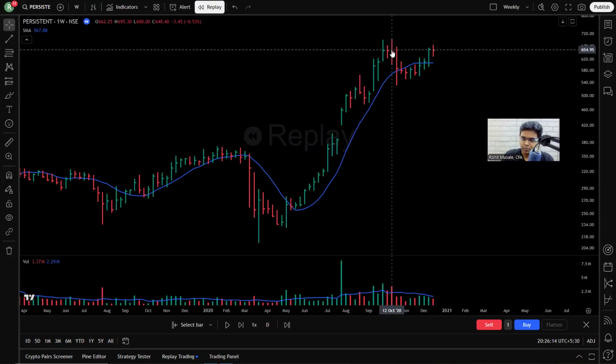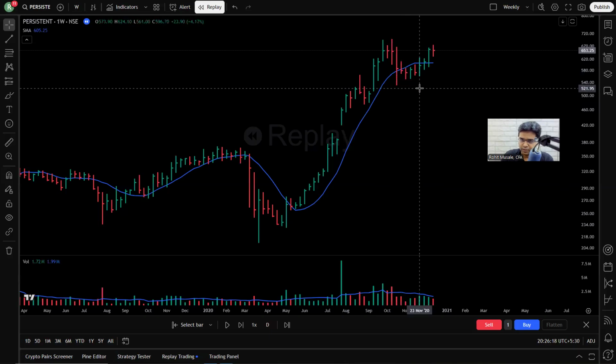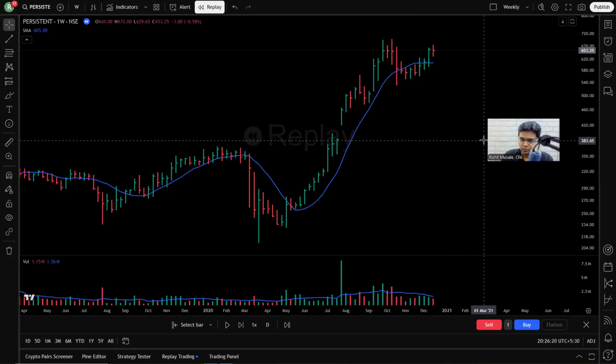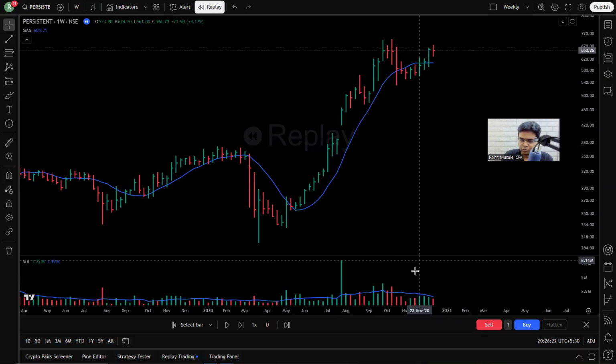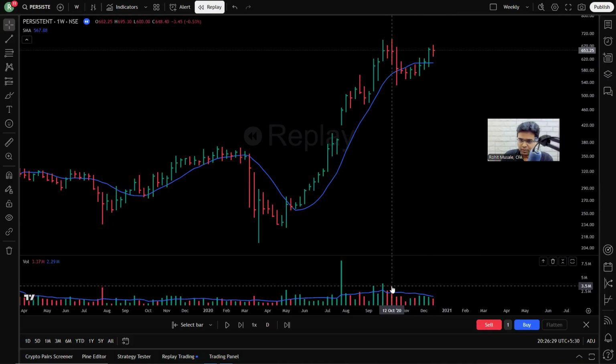Okay. How many red candles in the base? 1, 2, 3, 4, 5, 6. Out of 6, how many are low volume? 1, 2, 3, 4, 5. Five are low volume, correct? Only this one, the first bar, is high volume. Is that a weak closing bar?